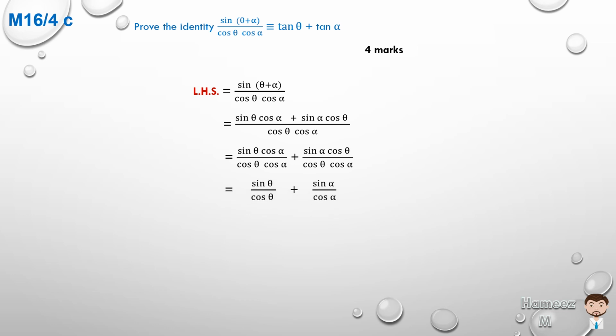So that leaves us with sin theta over cos theta. And we can see on the right hand side that cos theta is the same in both the numerator and denominator, so we can cancel those. So we're left with sin alpha over cos alpha. And that gives us sin on cos, which is equal to tan theta plus tan alpha, which is equal to the right hand side. So we have completed the proof.